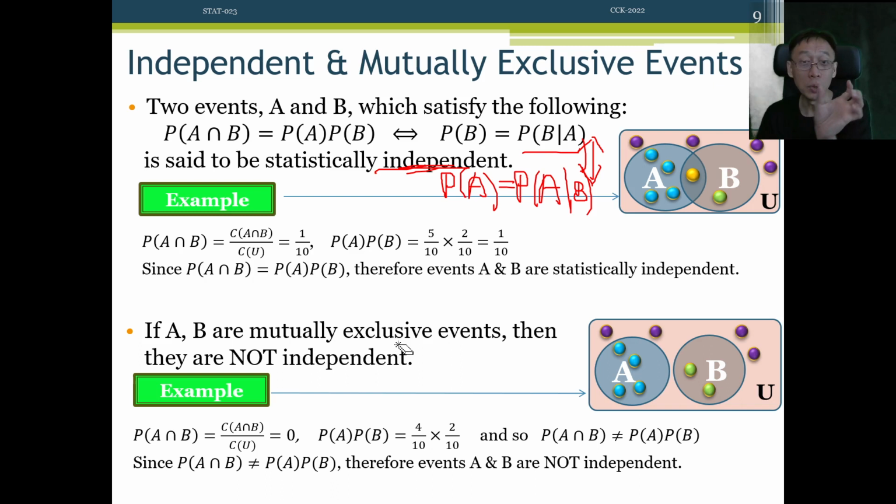All right, when this word appears in the question, pay attention. Confirm A intersect B, the probability of that is not P of A times P of B. Confirm it is not. Yeah, so that is what it is trying to tell you. So fortunately, I seldom see questions about mutual exclusivity. So maybe when I set questions next, I should do that. But if that happens, you need to be aware of the implications.